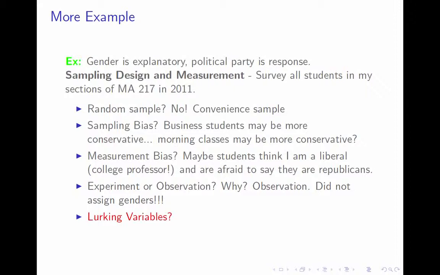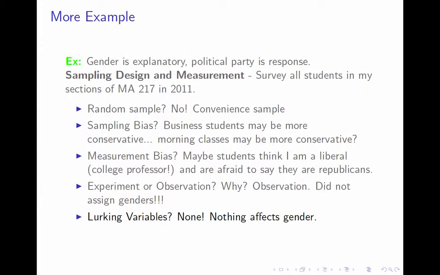And finally, here's the perhaps trickiest question. What are some possible lurking variables? Remember, a lurking variable needs to be a variable, so different values for different members of the population. It needs to affect the explanatory variable, and it needs to be related to the response variable. This is a tricky case.